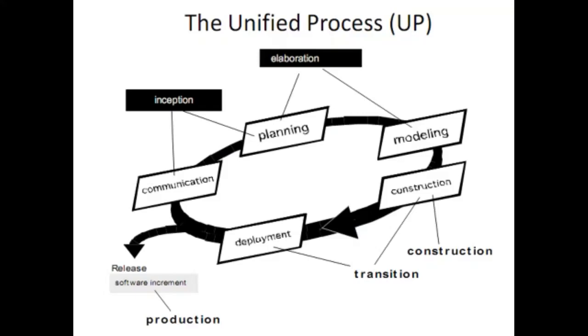Between communication and planning, there is an inception, and between planning and modeling, there is an elaboration. Like this, between the construction and deployment phases, there is a transition, where finally the release of the software product is given to the customer or the user.